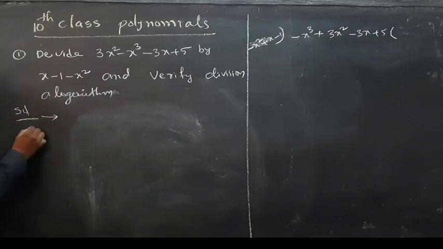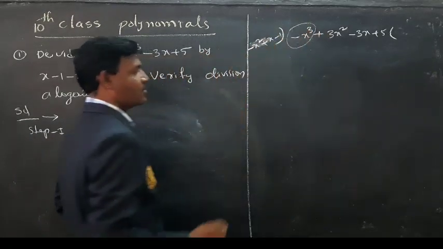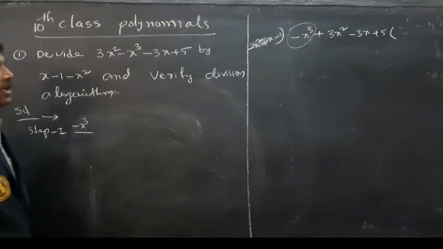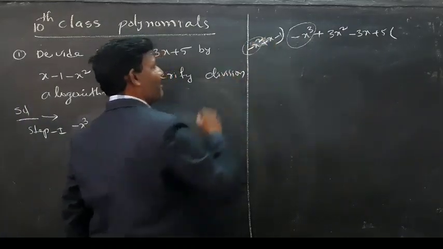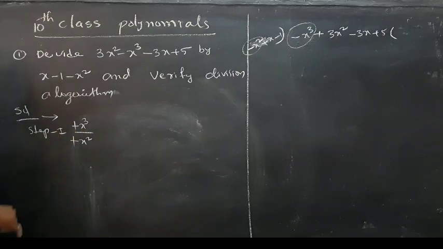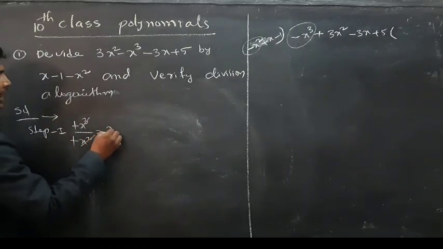Step 1. What is the first term of the given polynomial? Minus x cube. So take the minus x cube. What is the first term of the divisor? Minus x square. Minus gets cancelled, so the 2 are cancelled, remaining only x.